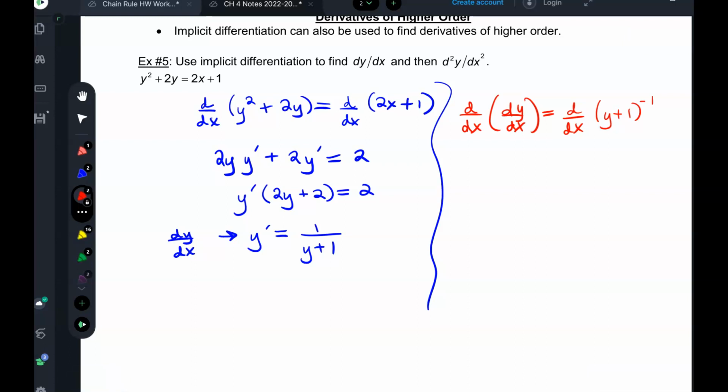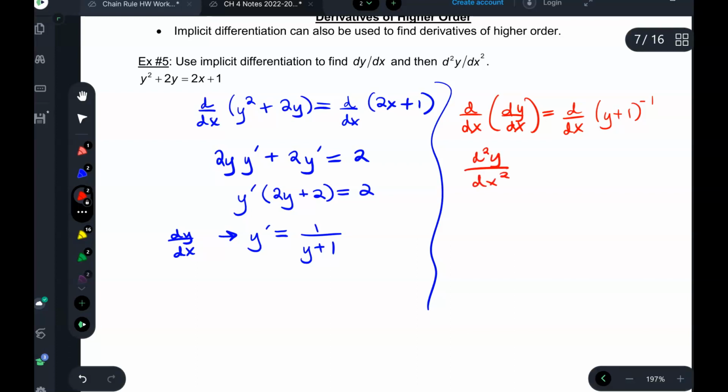I don't want to use quotient rule for something like this. I prefer to just use the power rule. This is just the second derivative. This is how we express it. I think we talked about that previously. So we have the second derivative of y with respect to x.